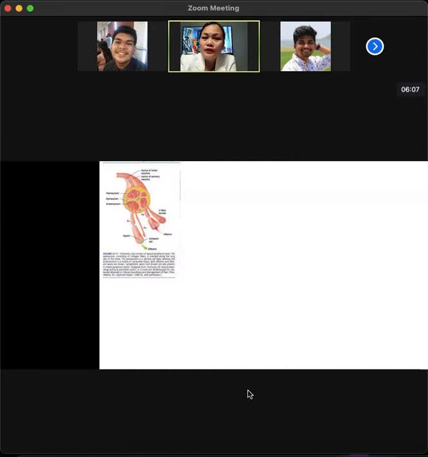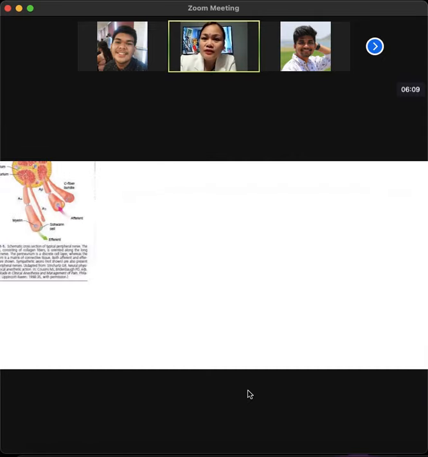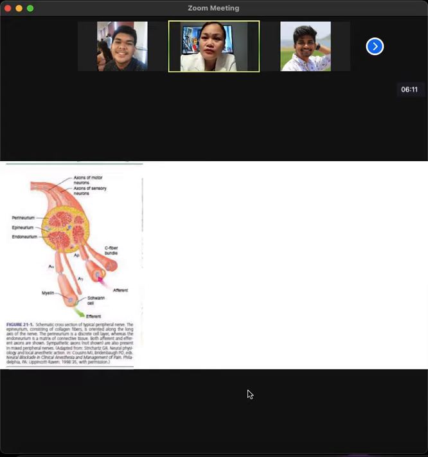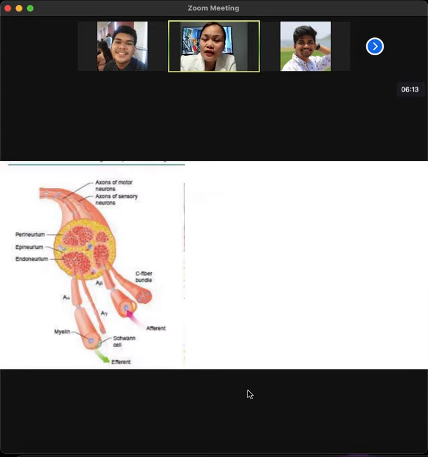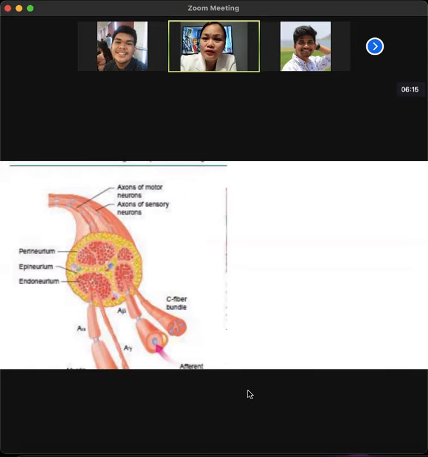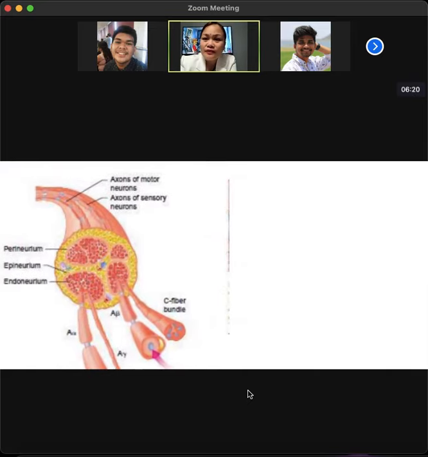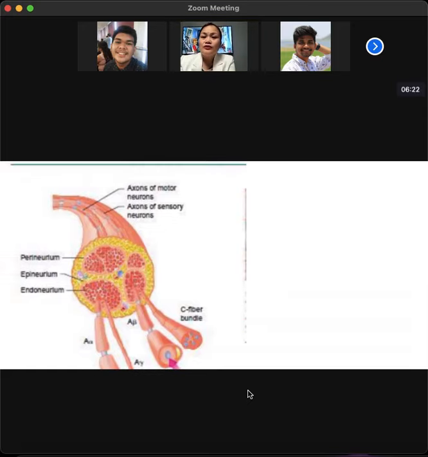First, we're going to discuss about the anatomy of your neurons. Can you see it? Okay. So, this is the neuron. You have the axon of your motor neuron, the axon of sensory neurons, and then you have the epineurium, endoneurium, and your perineurium.